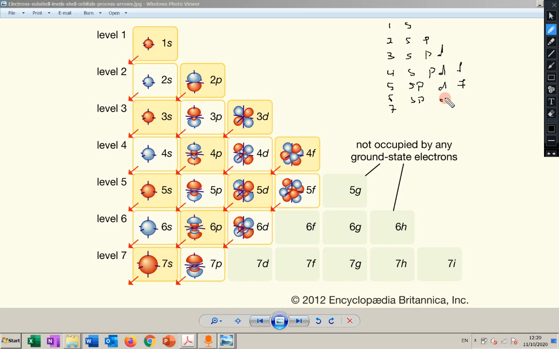For the rest of them, no need to go on, just writing this will be enough. At f, stop, no need to go further, because the elements that we have do not fall into the g orbital or h orbital, so nothing goes inside there. Even those three are not required.